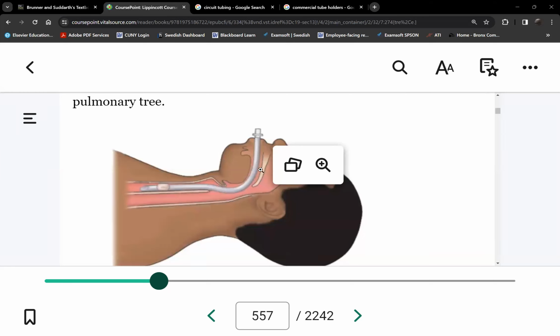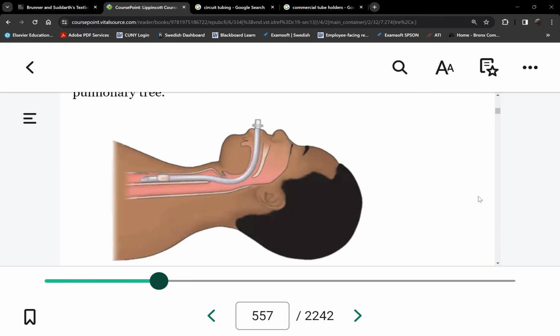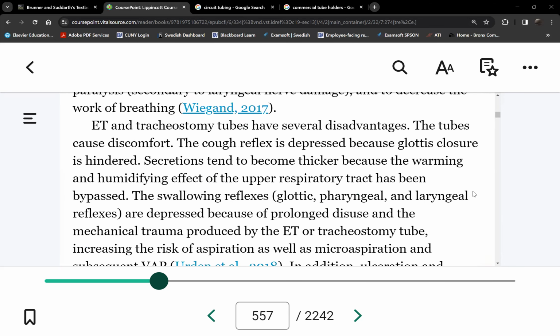The mouth. So as long as you keep the mouth clean every 2 hours, will the secretions be at least less dirty? Therefore that will help cut down on ventilator-associated pneumonia. Again, we cannot 100% prevent it. It's going to inevitably happen, but we like to decrease the incidence, okay? Soften the blow.